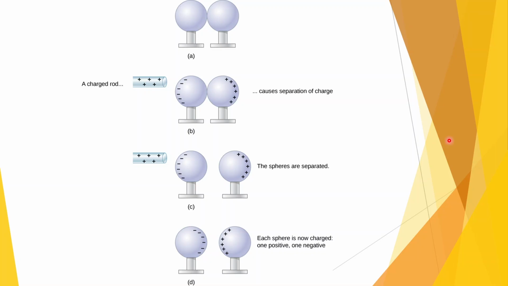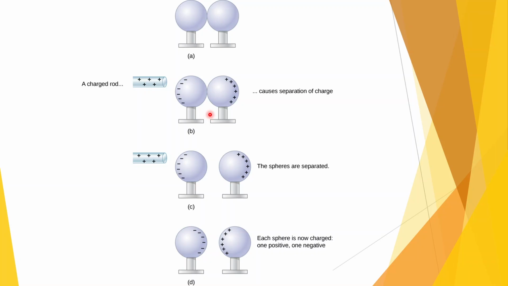So here is another example. So say that we have two, I don't know what these would be called, but we have two of these objects that are neutral. We bring a charged rod into contact, or close contact. I wouldn't say they actually touch, right? But close enough.